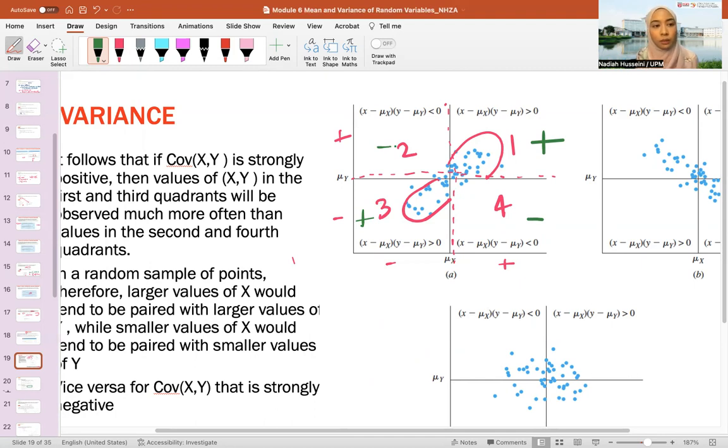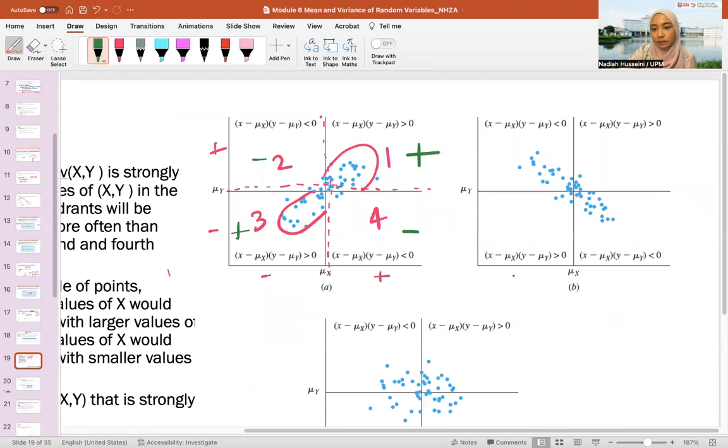So that is why when your covariance value is positive, your values will be much more distributed in the first and the third quadrants. It's not simply that you won't have any data in the second and fourth quadrants, but it's saying that you would have more in the first and the third. So your data is spread out, and this is how you interpret it. Okay.